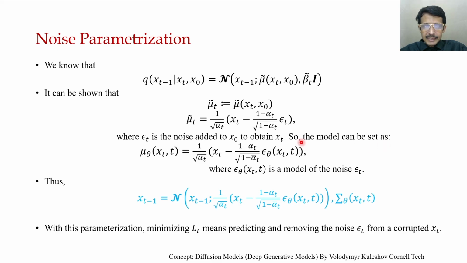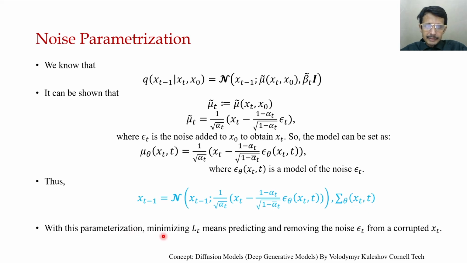So the model can be set as mu theta of xt comma t equal to 1 by root over alpha t times xt minus this term with epsilon theta of xt comma t. Now this epsilon theta is our model parameter, the noise model, where epsilon theta is the model of the noise epsilon t. Thus we can write this xt minus this, along with this variance.